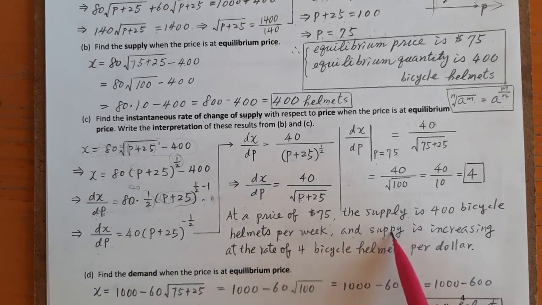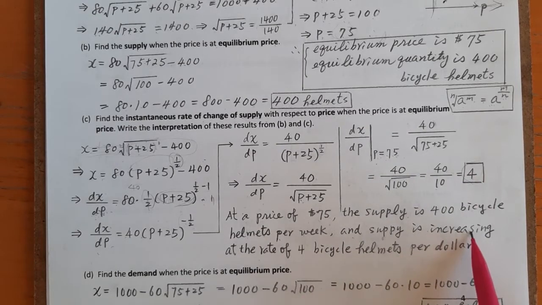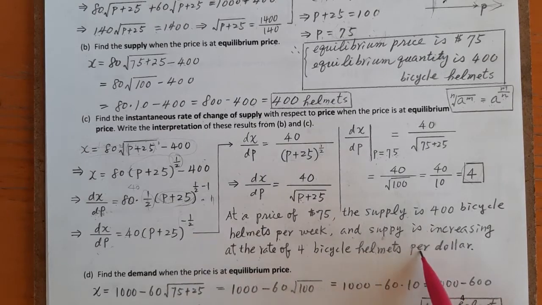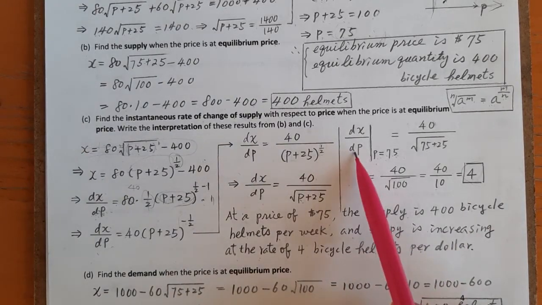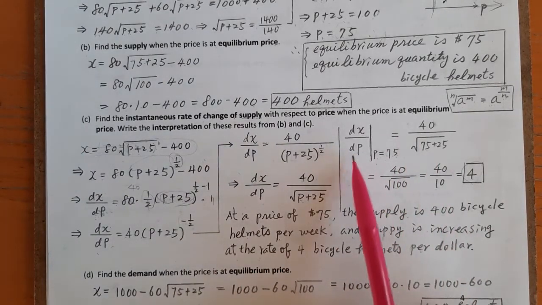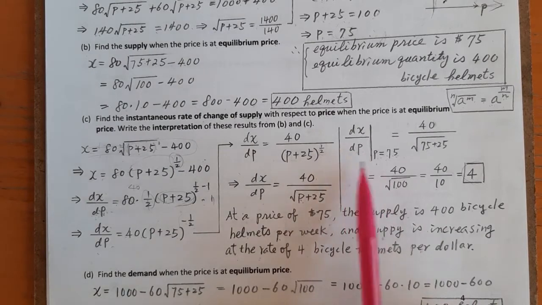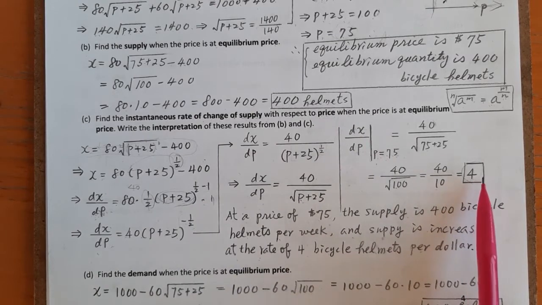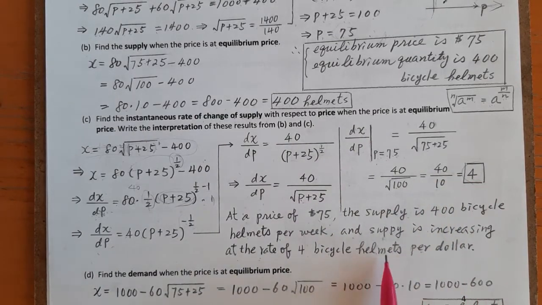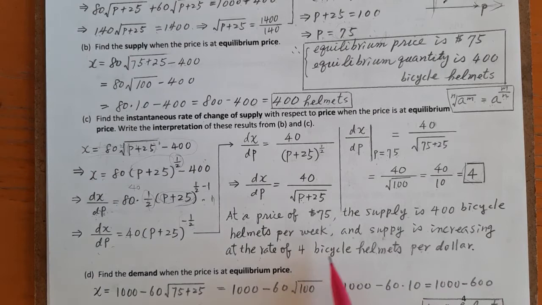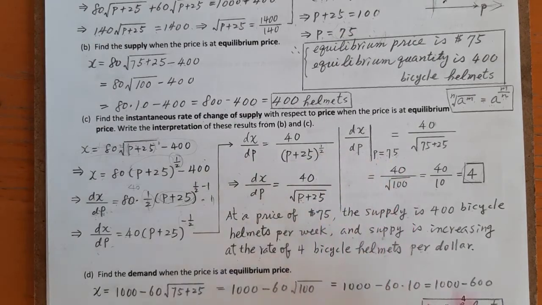And because this is positive, supply increases at the rate of 4 bicycle helmets per dollar, because dp is dollars. So when the denominator increases by $1, the numerator, the supply, increases by 4 units, 4 helmets. So per dollar increase, supply increases by 4 bicycle helmets when the price is $75.